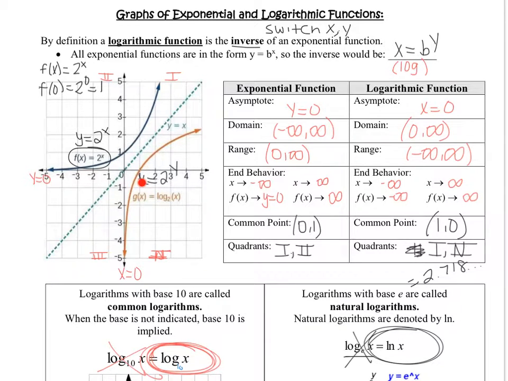But x equals 2 to the y is not what we call logs. This is how we write logs. So we have to understand that the base of the exponent becomes the base of the logarithmic function. So instead of saying x equals 2 to the y, we're just going to say y equals log base 2 of x.